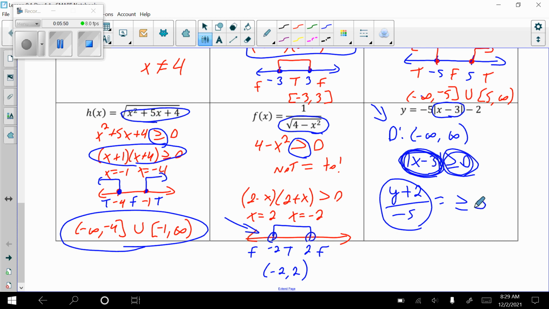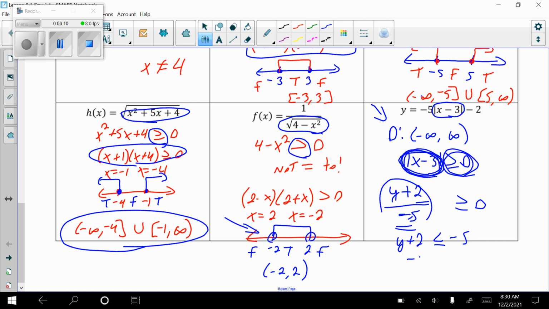Okay, so let's go ahead and solve for y. So y plus 2 is less than or equal to -5 times 0, because I'm multiplying both sides by -5, and so I had to switch the sign.